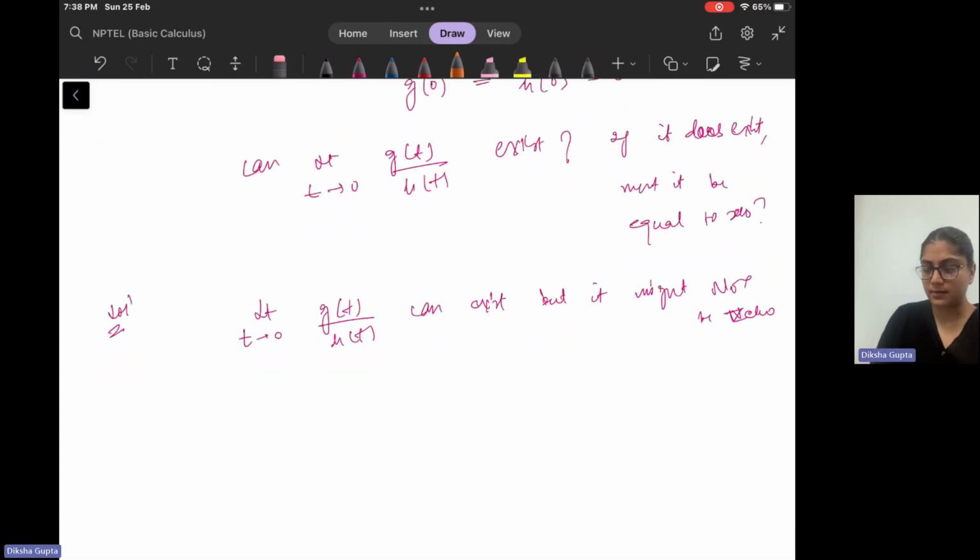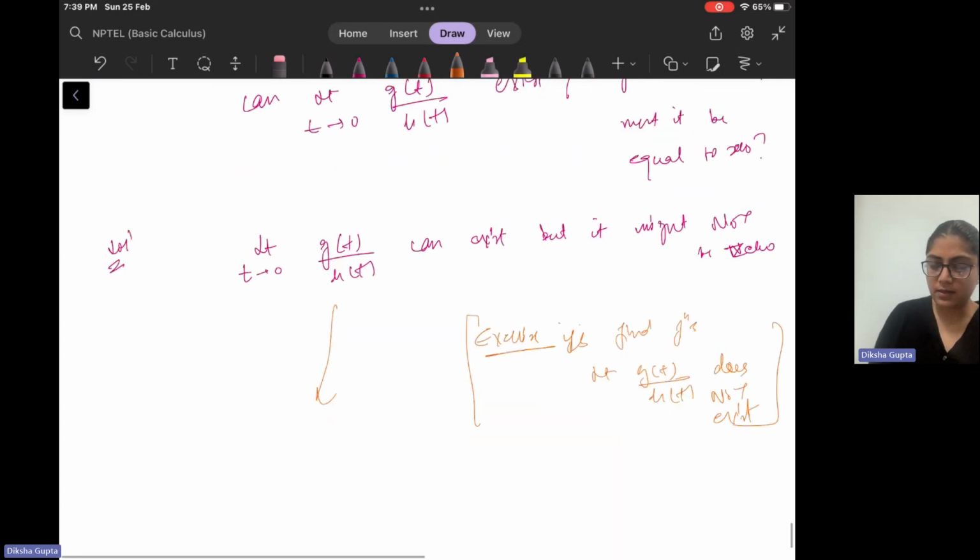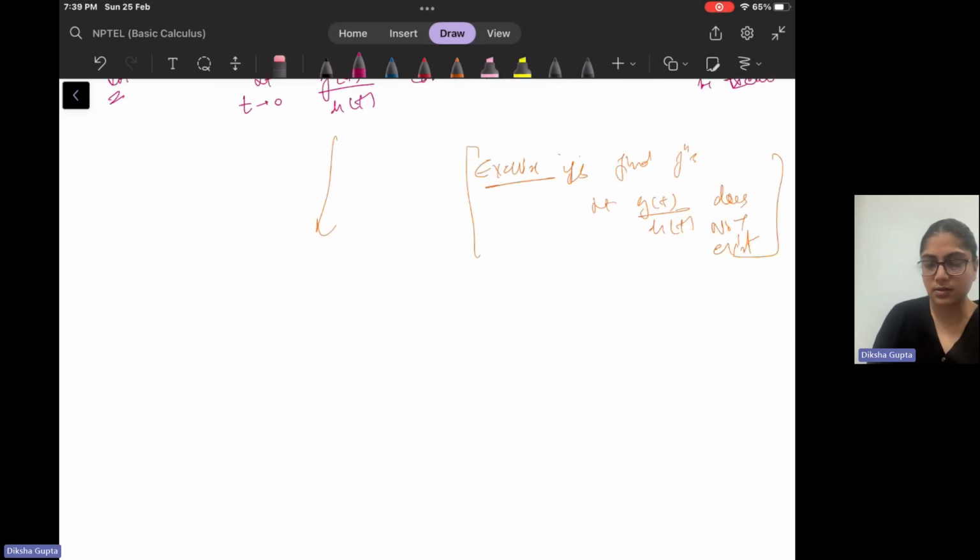So here is an exercise: find functions satisfying the above conditions such that the limit of g(t) upon h(t) does not exist. I'm giving the example where it exists: let g(t) equal 2t and h(t) equal t.